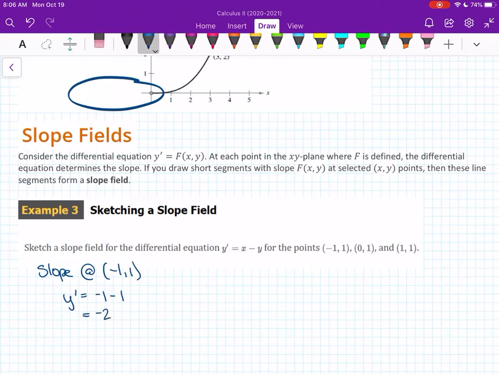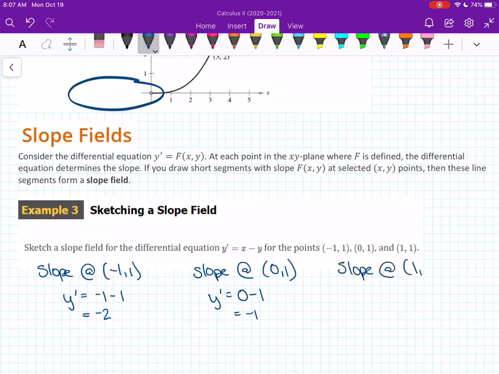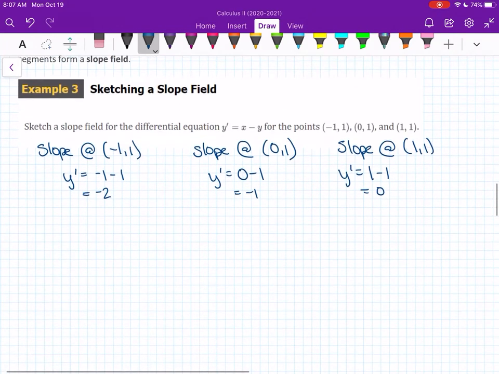Yes, I did. -1 minus 1 is -2. Fantastic. The slope at 0, 1 is going to be y prime equals 0 minus 1, so I get -1. And then the slope at 1, 1 is going to be y prime equals 1 minus 1, and that's the one that's equal to 0.